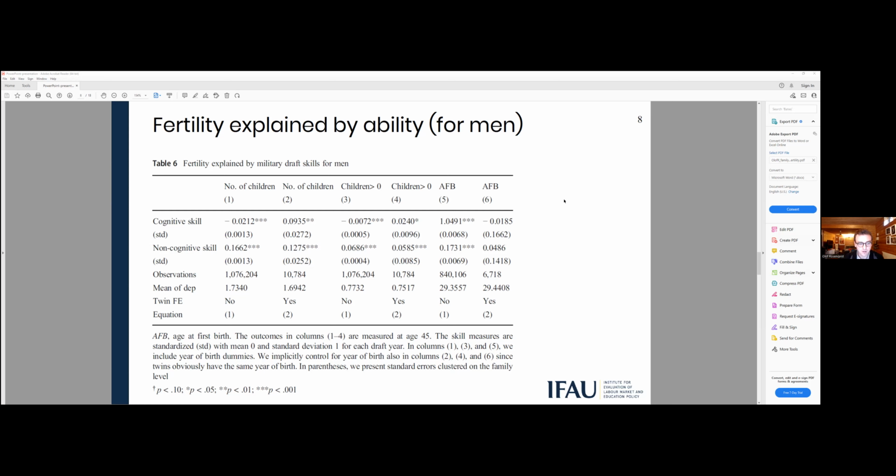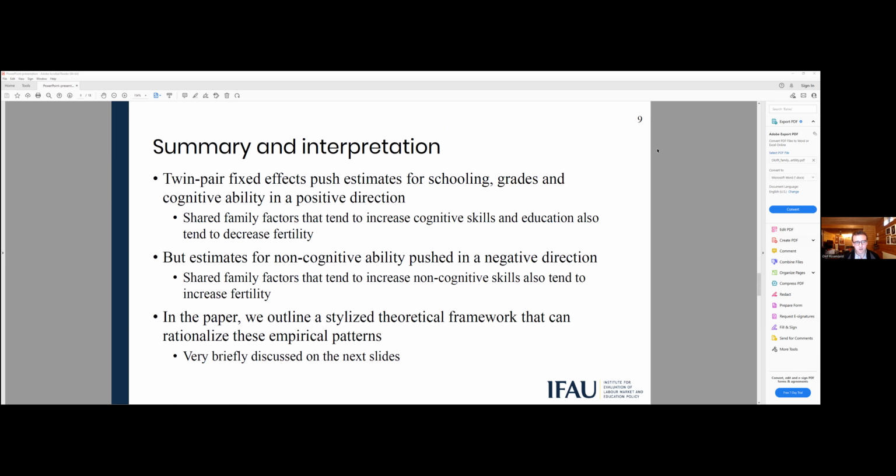Okay, so if we summarize here, we saw that the twin pair fixed effects push these estimates for schooling, grades, and cognitive ability in a positive direction.